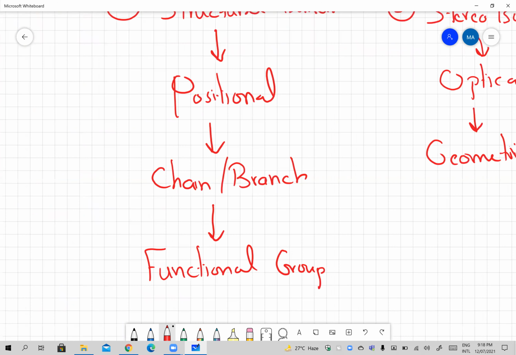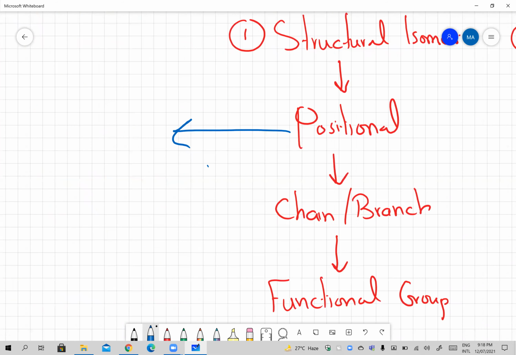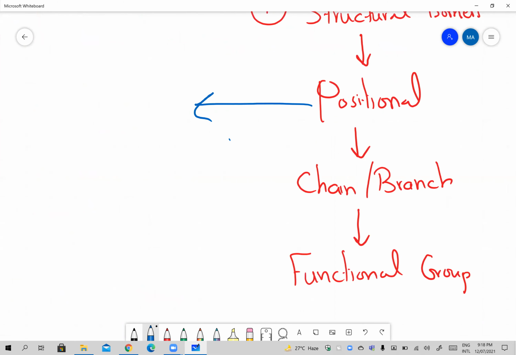For positional isomers here, positional isomers are all the isomers where the position of an alkyl group or the position of a functional group is changed. The alkyl group is basically a carbon group.